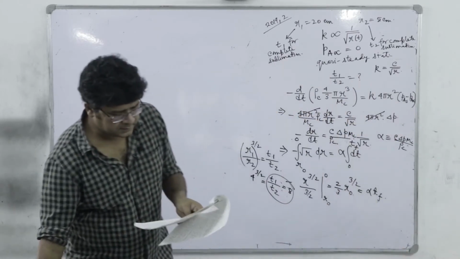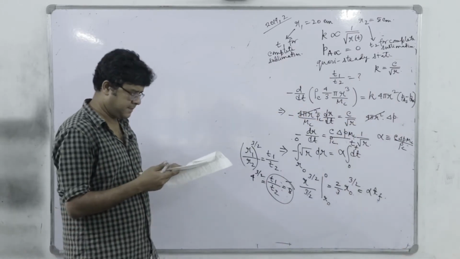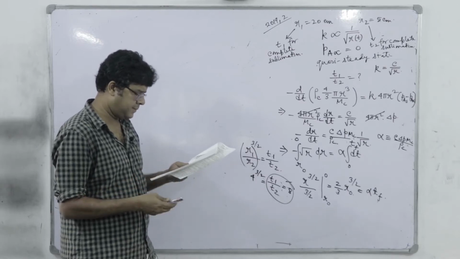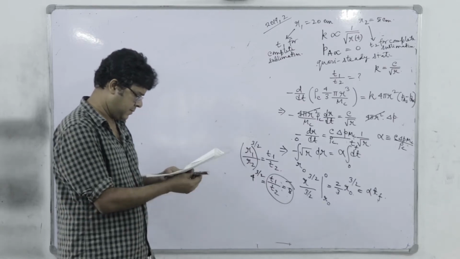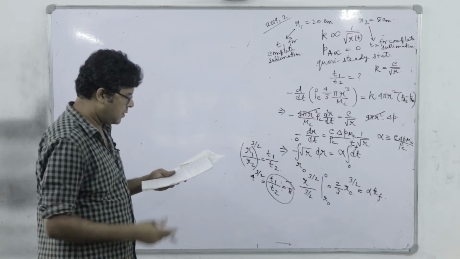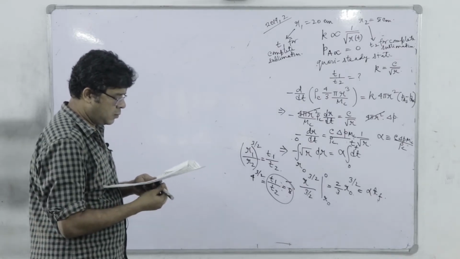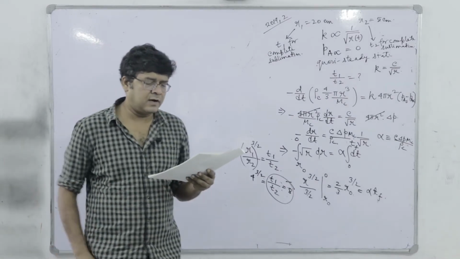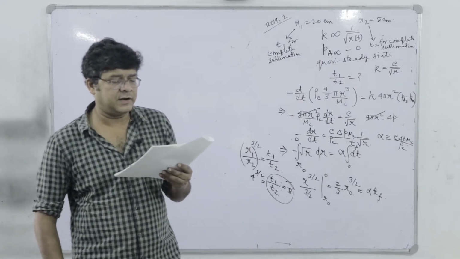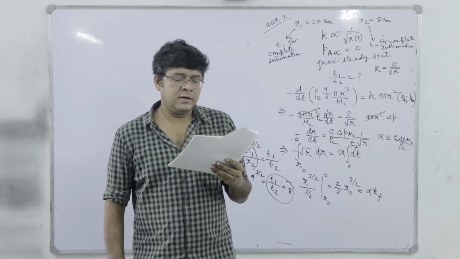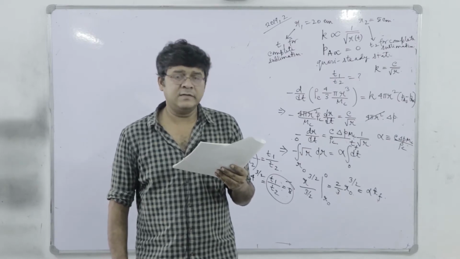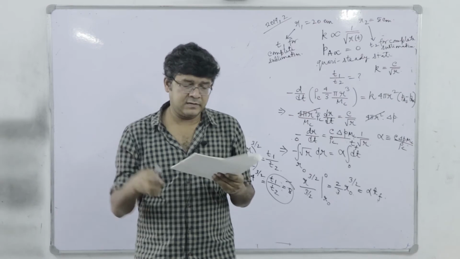So, next problem, there are two, this 1 mark theory problem. According to surface renewal theory, the fractional rate of surface renewal, the unit of S is being asked.